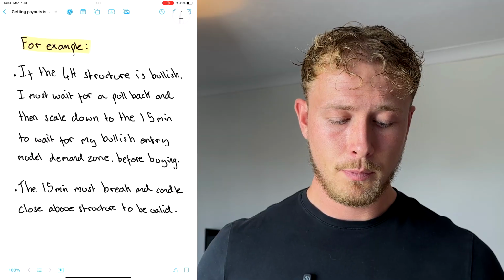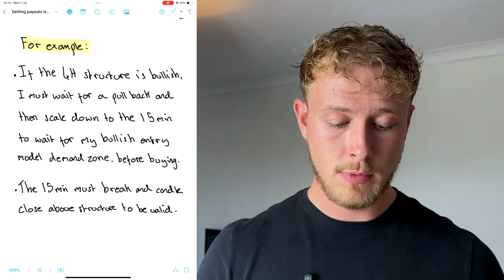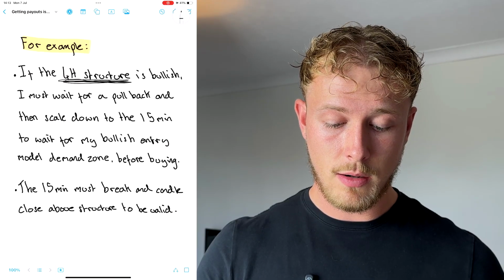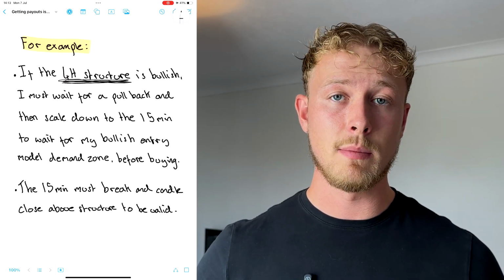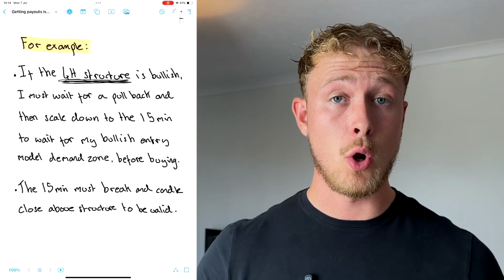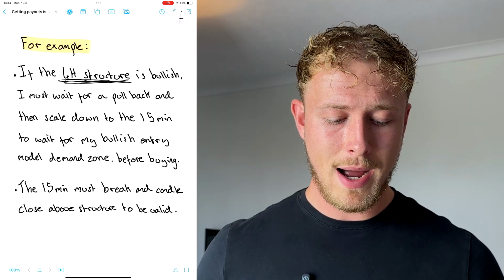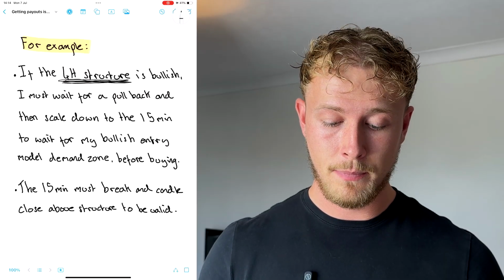So for example, if the 4H structure is bullish, as we can see here, I have my analysis time frame. I have a higher time frame that I'm going to be using to analyze the market's trend. I have it written out and I know how I'm using it. So if the 4H structure is bullish, I must wait for a pullback and then scale down to the 15-minute.